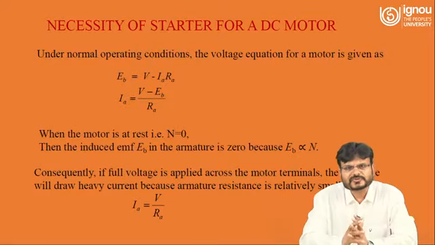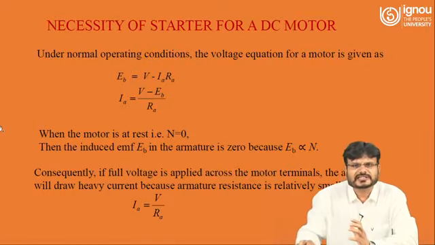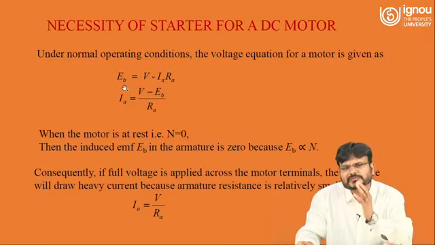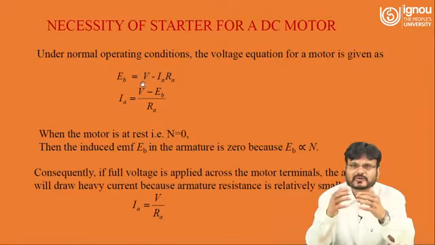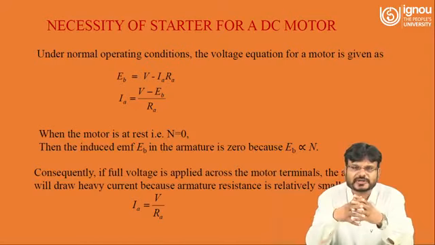First of all, we have to understand the necessity of a starter for a DC motor. As you know, in the normal condition, the equation for the back EMF of DC motor can be written as Eb = V - IaRa, where Eb is the back EMF, and V is the applied voltage, or whatever voltage you are applying to run the motor, that is the terminal voltage.